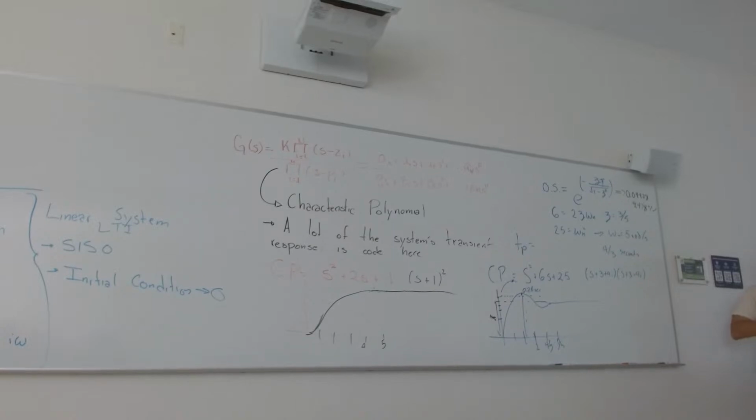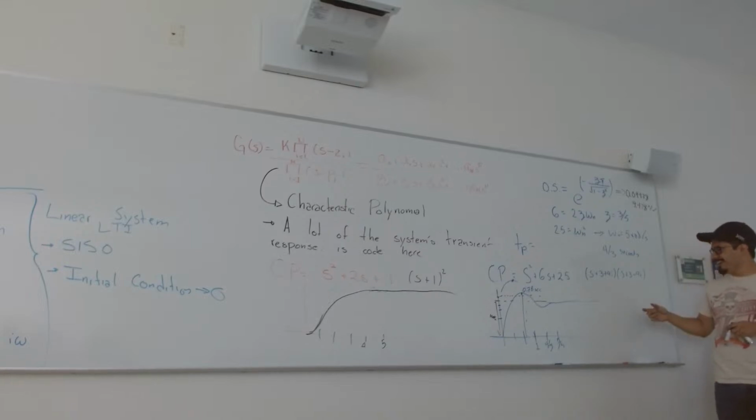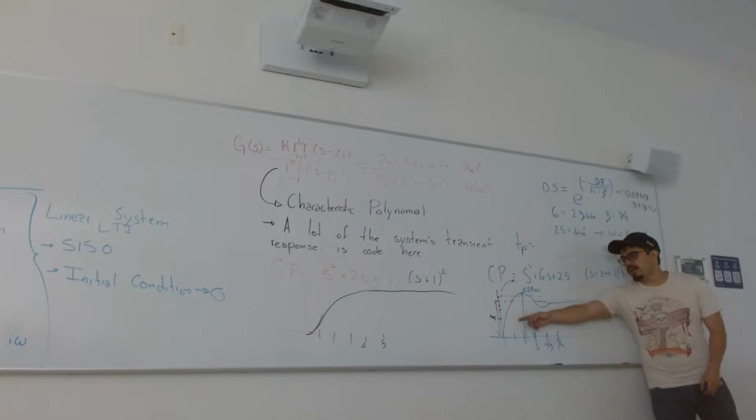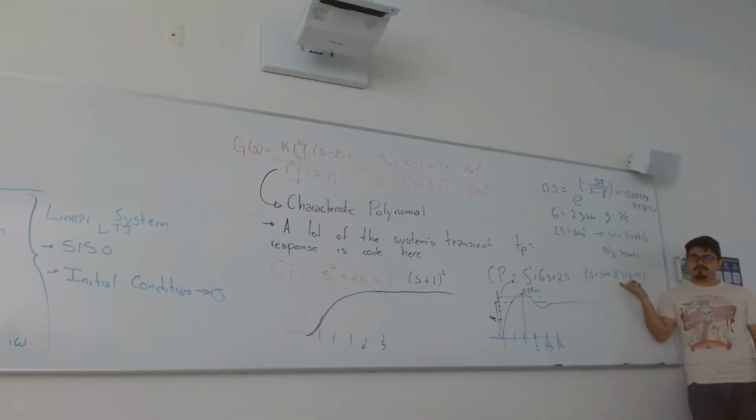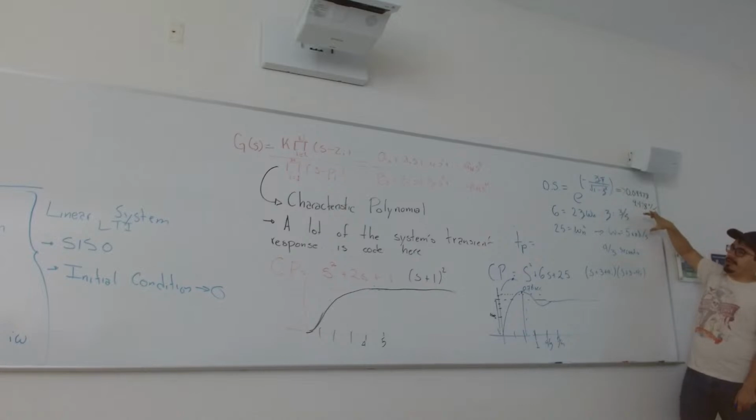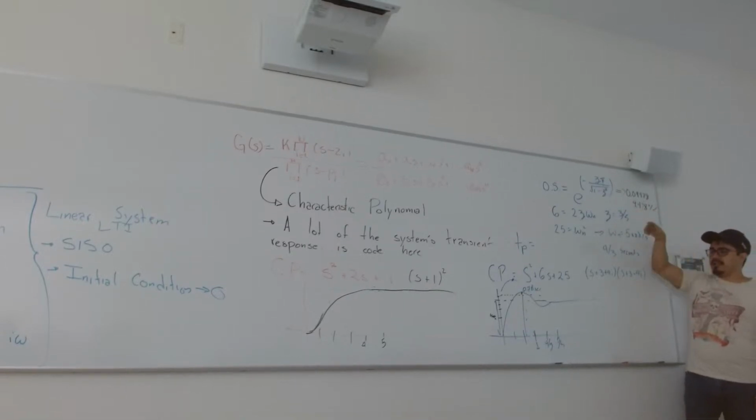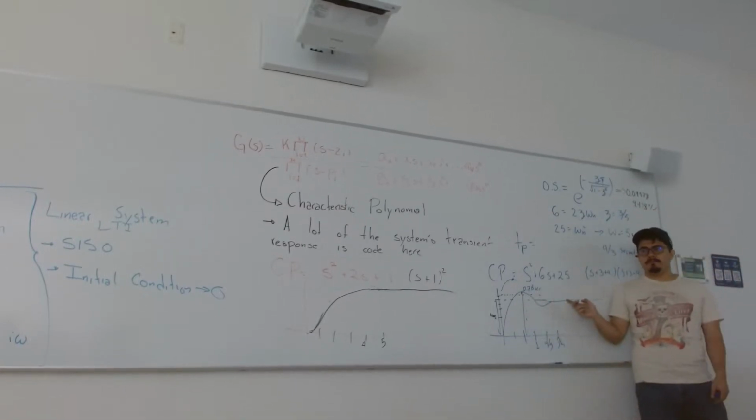You control the time response, or what you said before? No, what I want you to see is that we are decoding a lot of information out of just these two values. With these two values, I got the shape of this thing.